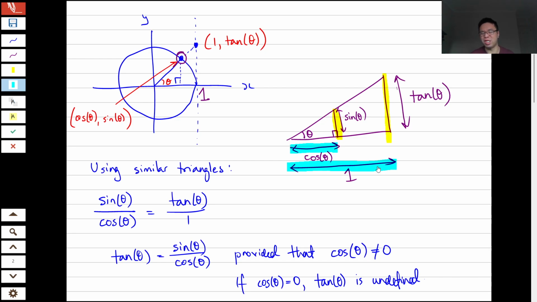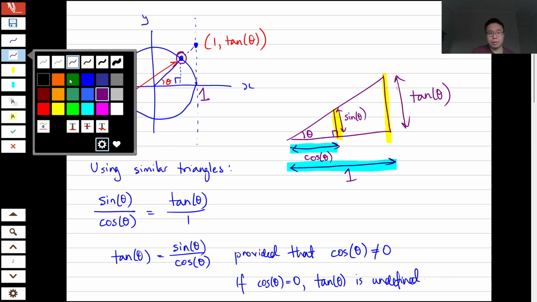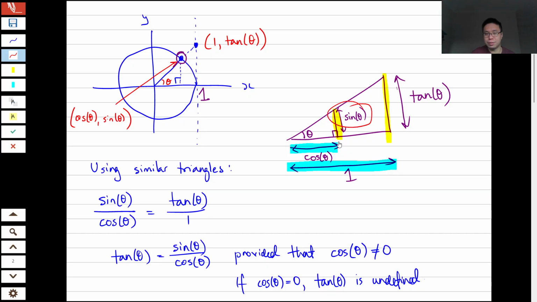If I take those ratios, I get the same thing because I kept the angle the same, theta. So I can write this: sine theta divided by cosine theta is the same as tan theta over 1. And rearranging this equation, I get the definition, which I presented in class. Tan theta equals sine theta on cosine theta.